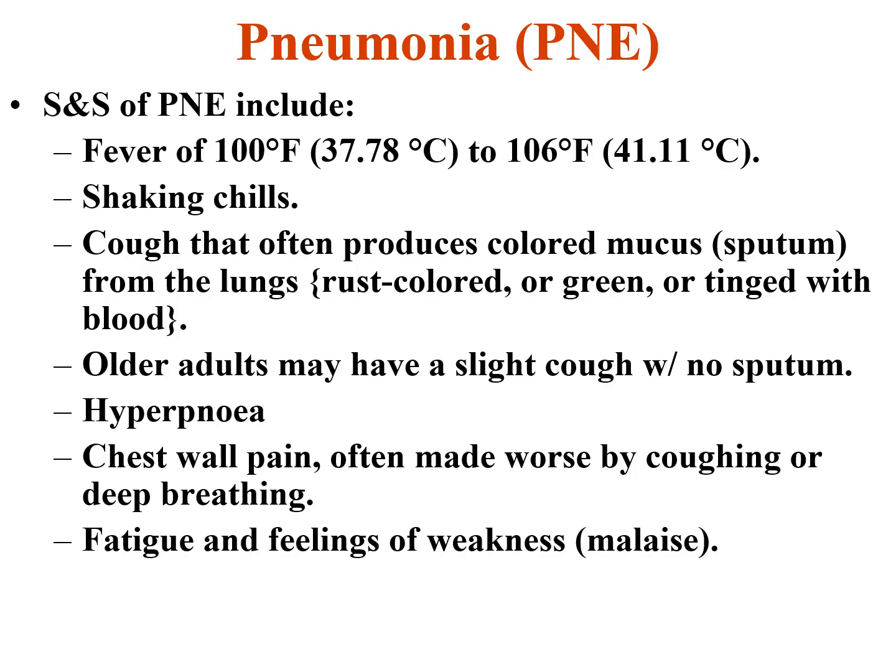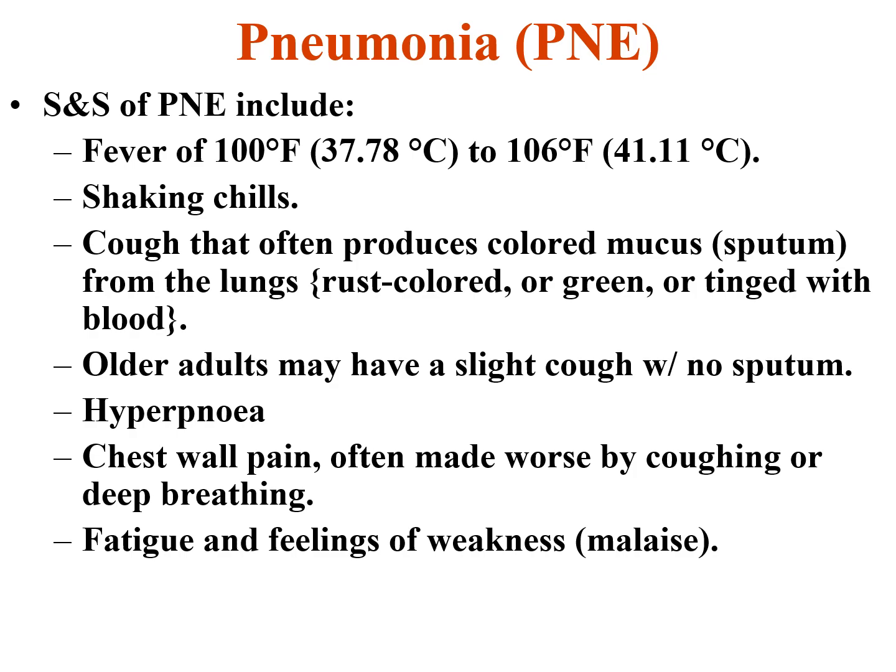Now, some signs and symptoms include fever. It can be low grade or it can be a full-blown fever up to 106 degrees. Shaking chills, a cough that often produces colored mucus or sputum from our lungs. It can be rust-colored or green or blood-tinged.